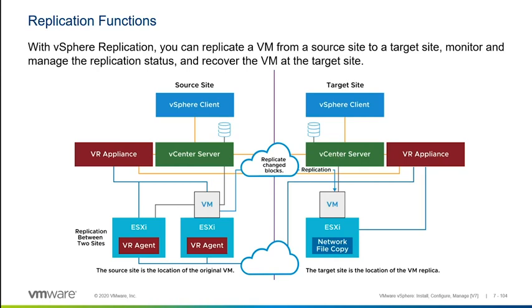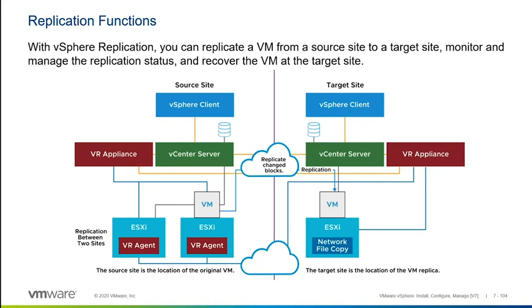If you look at this image, what we're looking at are two different sites, a source site and a target site. And each of these sites will have their own vCenter servers, their own vSphere replication appliances, their own data stores. Okay? When you deploy a vSphere replication appliance against a vCenter server, it will discover the ESXi hosts and install a vSphere replication agent in each of those ESXi hosts.